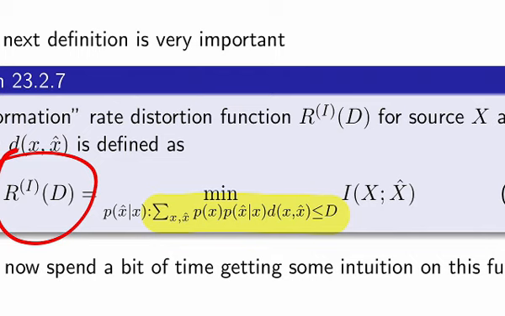We take the expected distortion with respect to that joint distribution, and over all such conditional distributions, we find the one that minimizes the mutual information. That's the minimum mutual information.